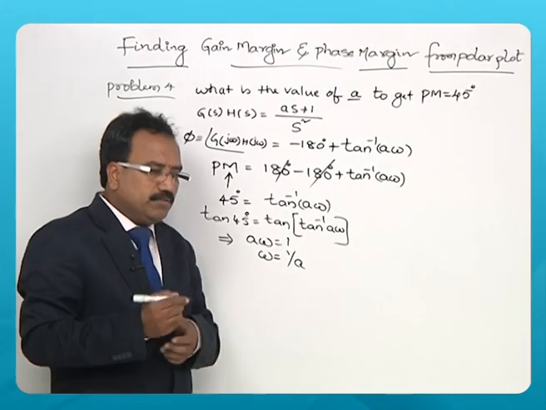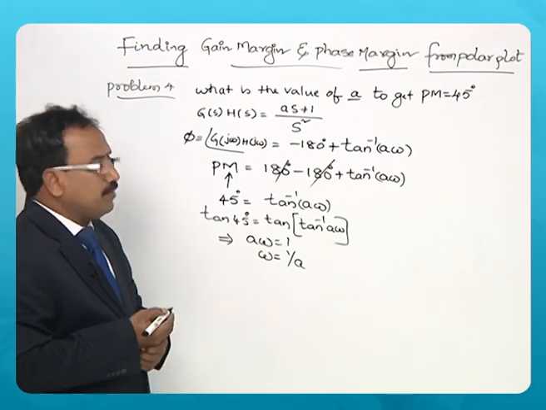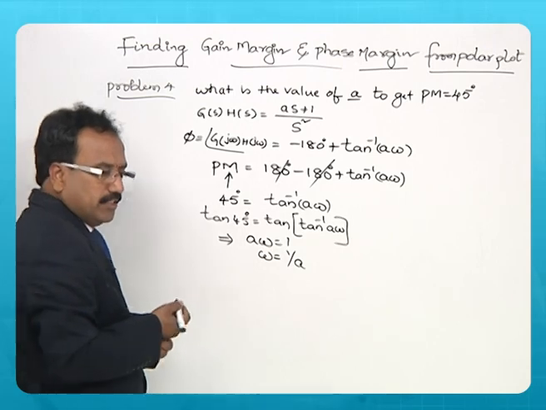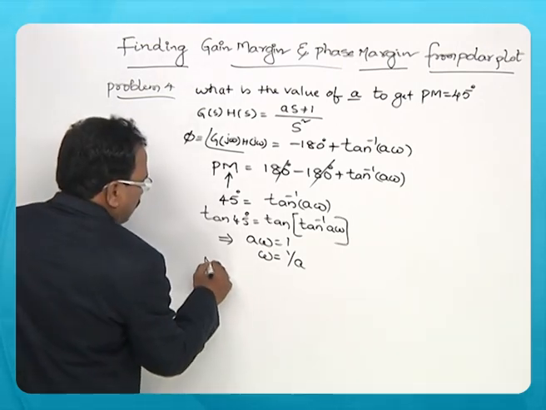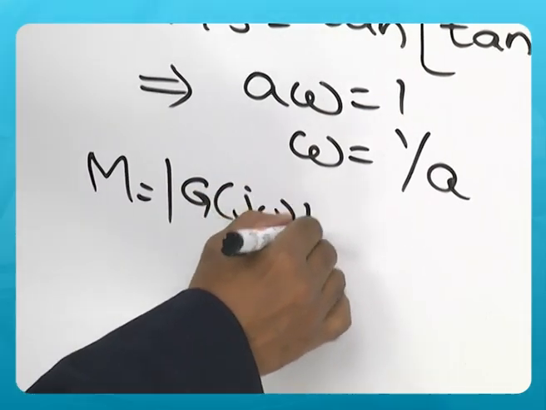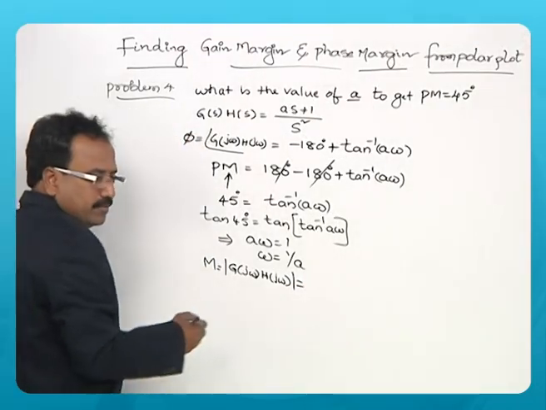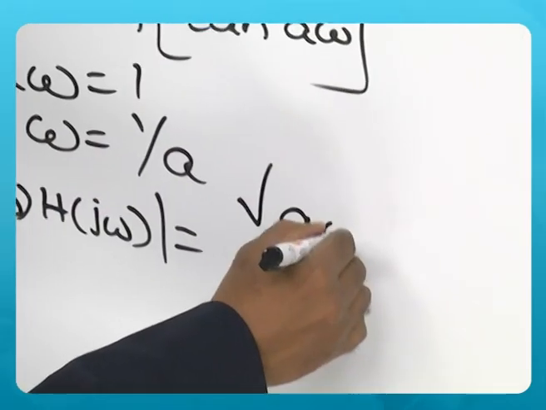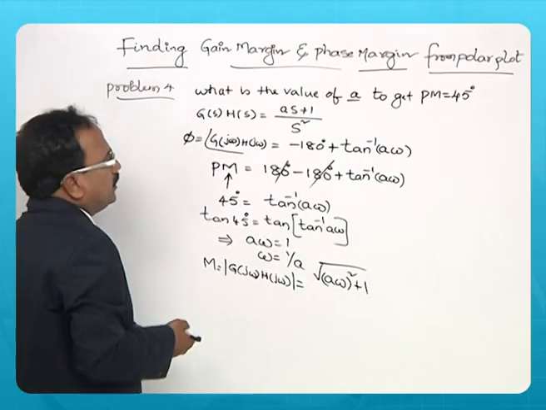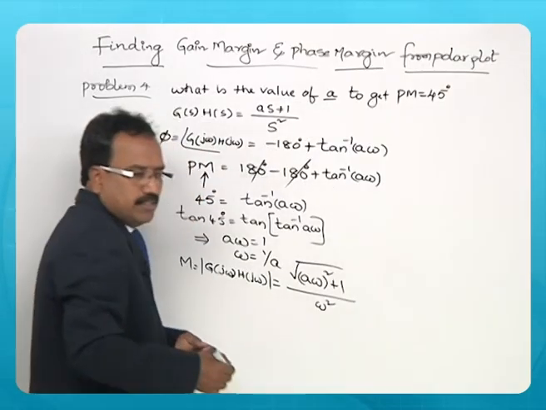So you got the frequency omega equal to 1 by a, which should be substituted in the magnitude term. The magnitude of the given function is under root of (a omega) whole square plus 1 for the numerator, by omega square for the denominator.